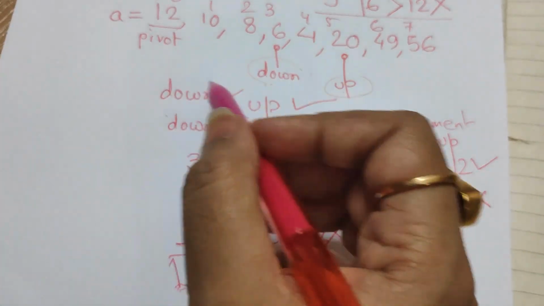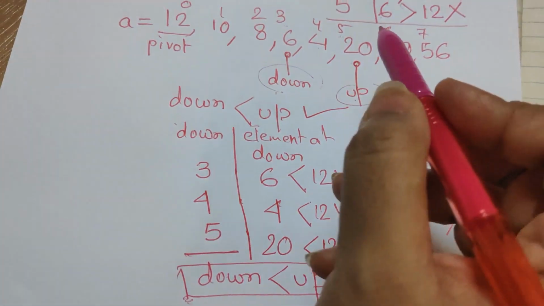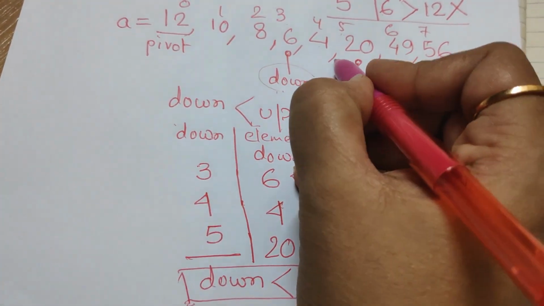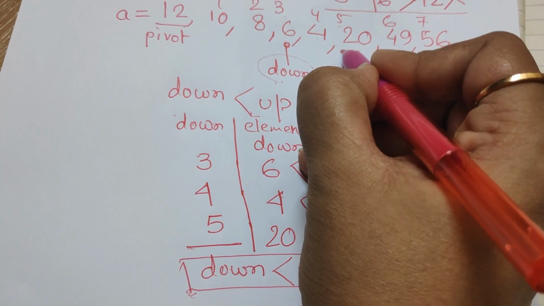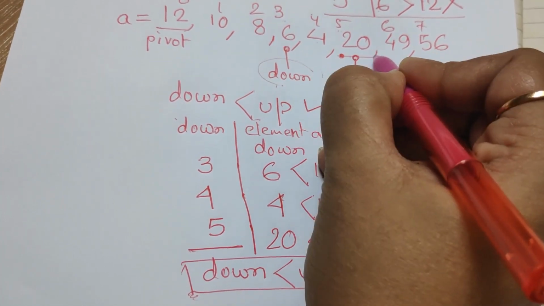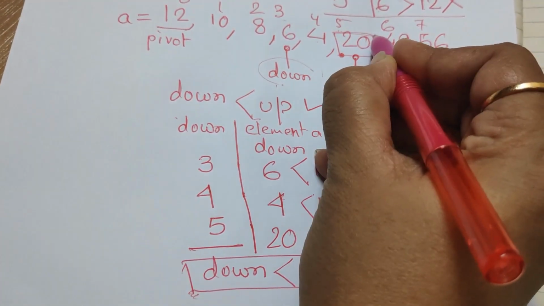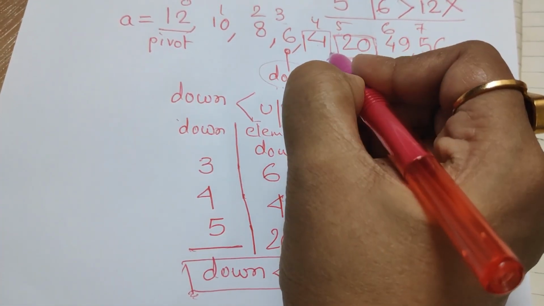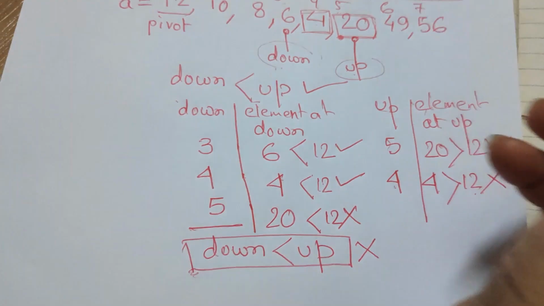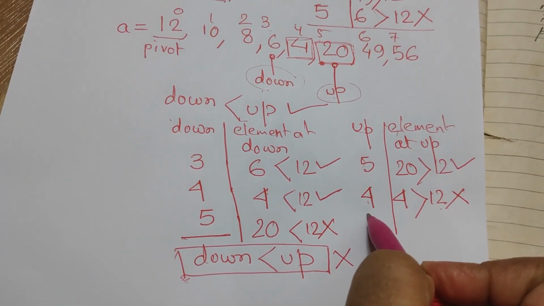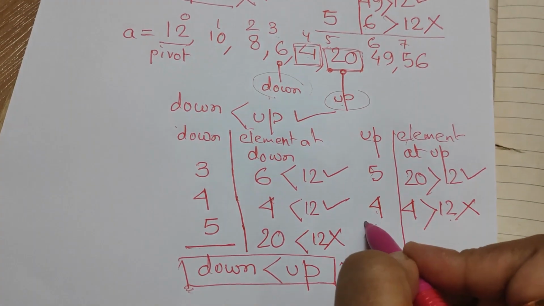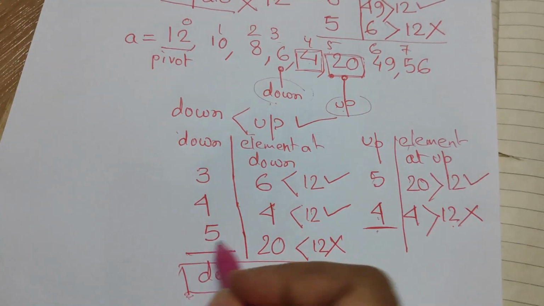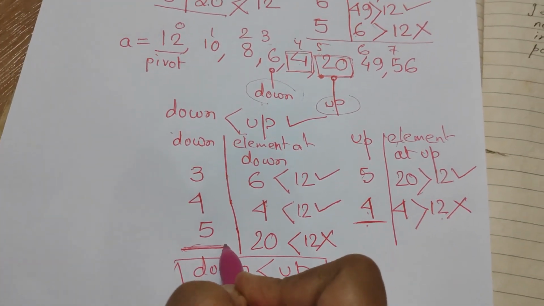You see, at this moment, down is pointing over here. Down is pointing at this node 20 and up is pointing at this node 4. Correct? Over here you look at this chart. Up is pointing at the index 4. Down is pointing at the index 5.